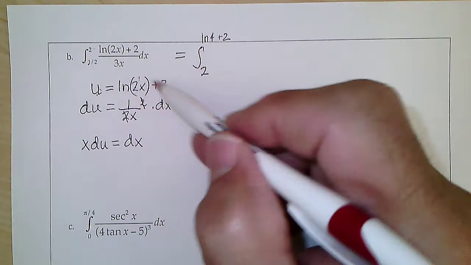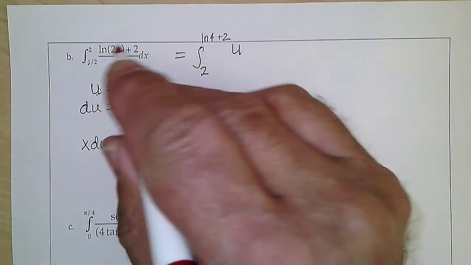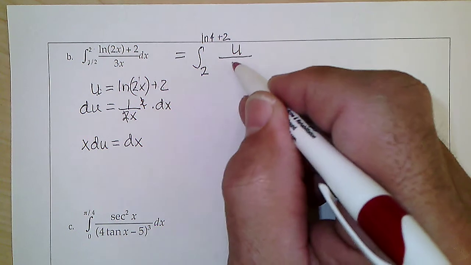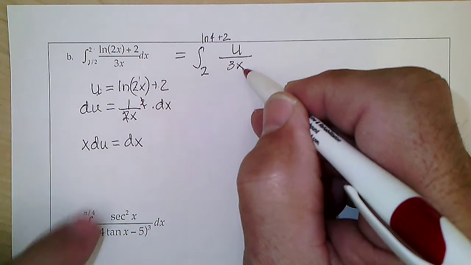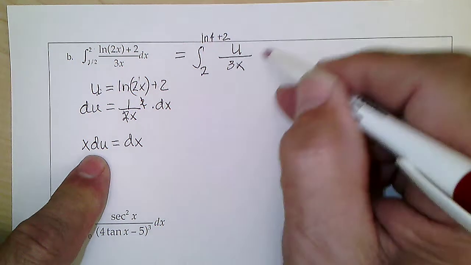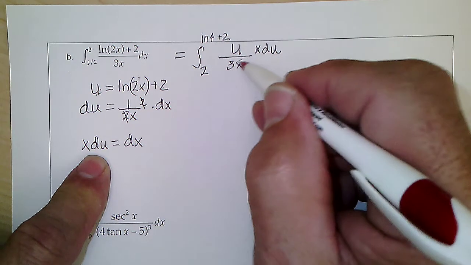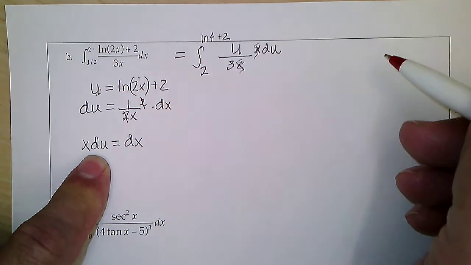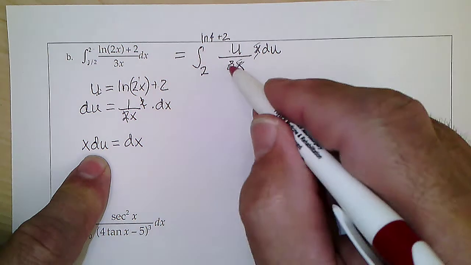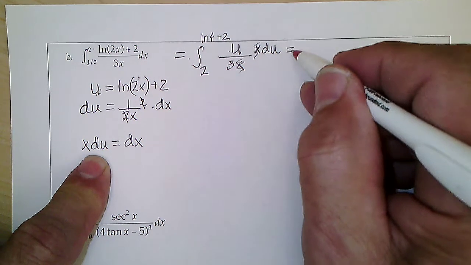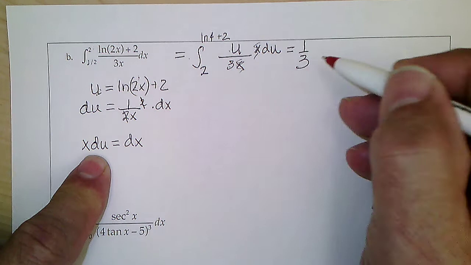And I get u for the numerator over the 3x times x du, and the x's cancel. The 1/3 can come out, and so I'll have 1/3.